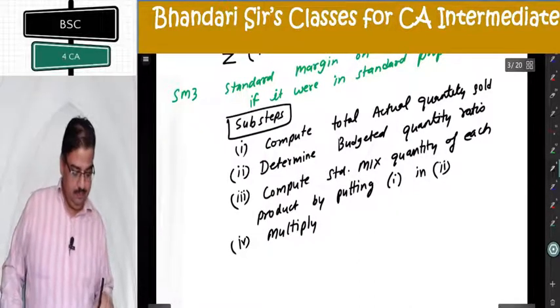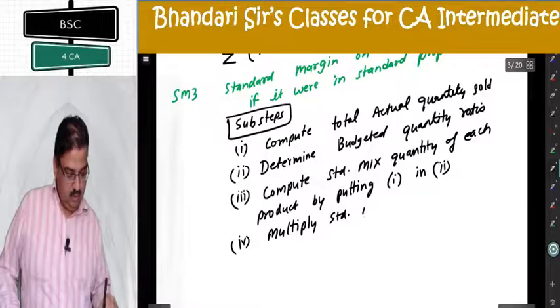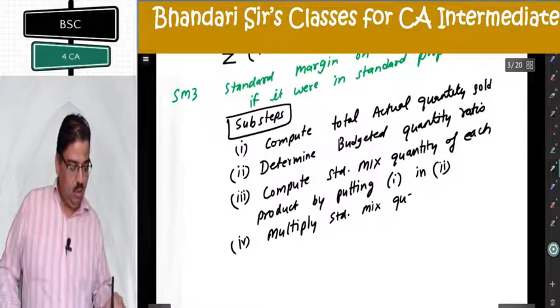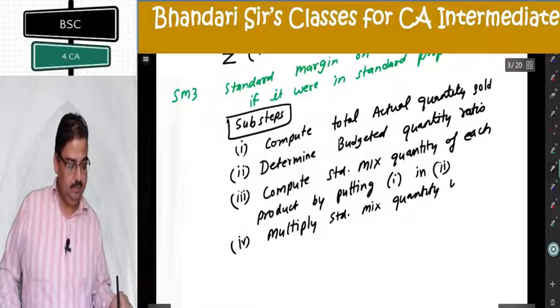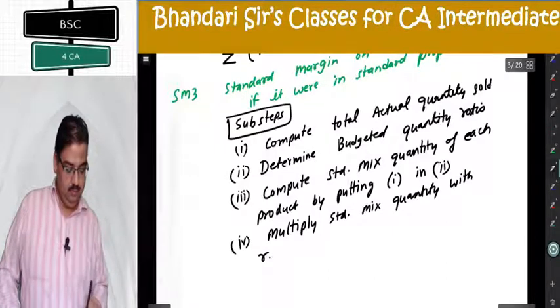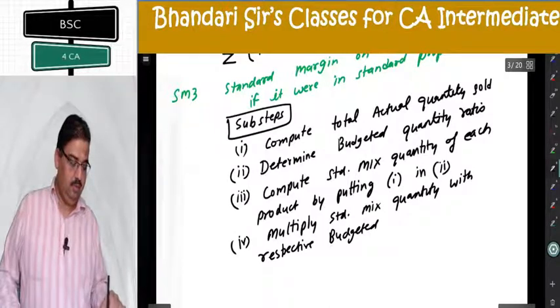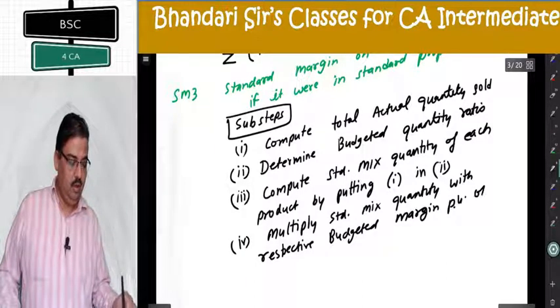Multiply standard mix quantity with respective budgeted margin per unit of each product.